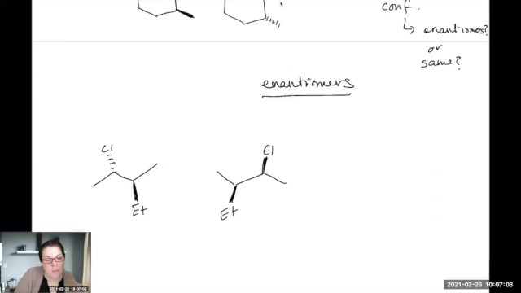How many asymmetric carbons do you see? Two. Good. So we have two asymmetric carbons. We have one here and one here and one here and one here. When we compare the two molecules, is each and every single one of those asymmetric carbons of the opposite configuration?